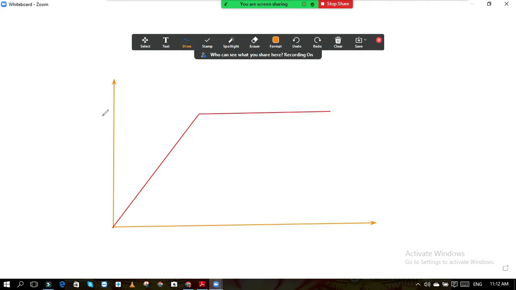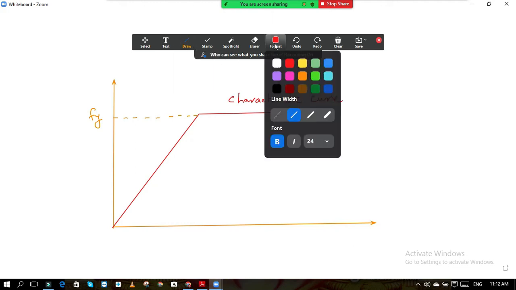Here, if you see, this is your Fy. This is called the characteristic curve. And now we will plot the design curve.